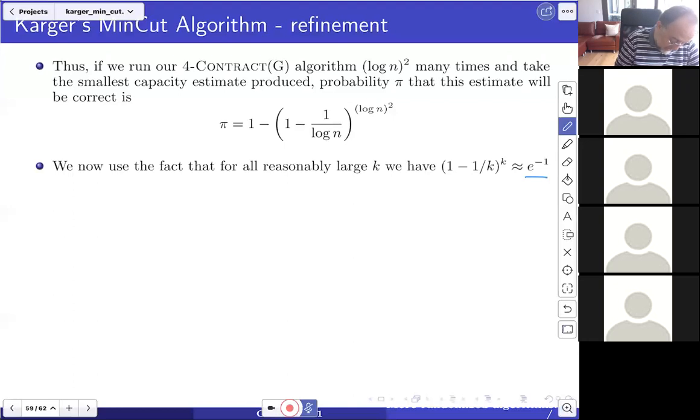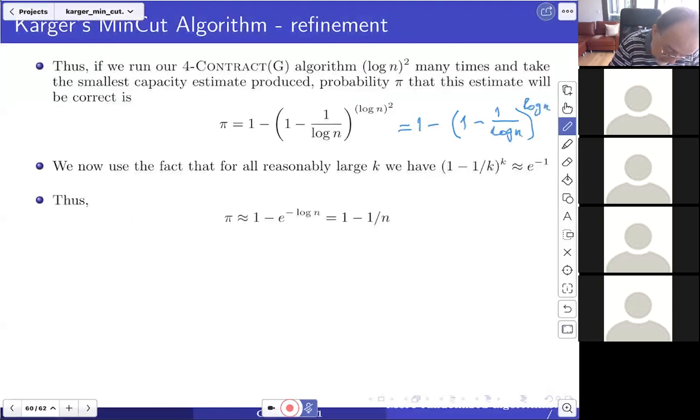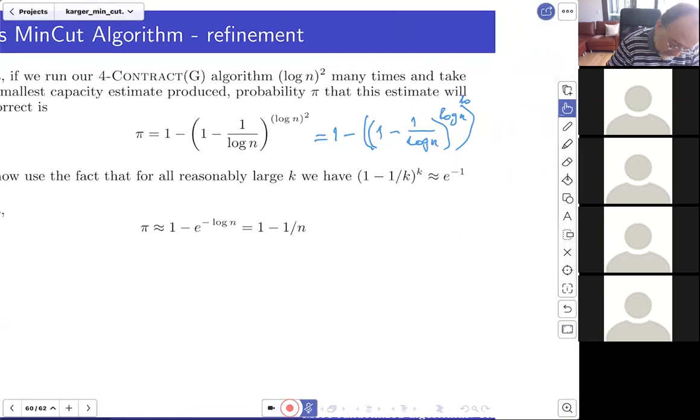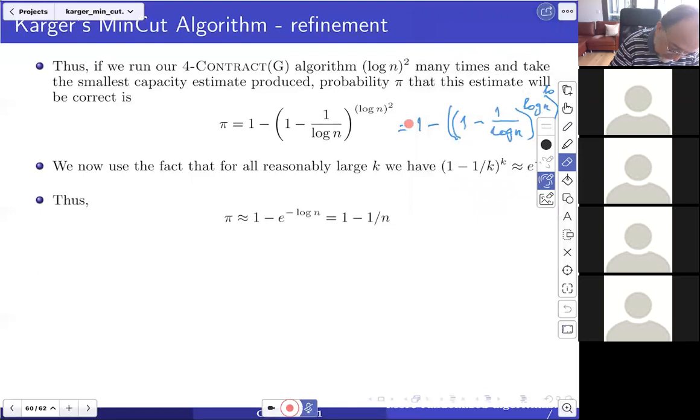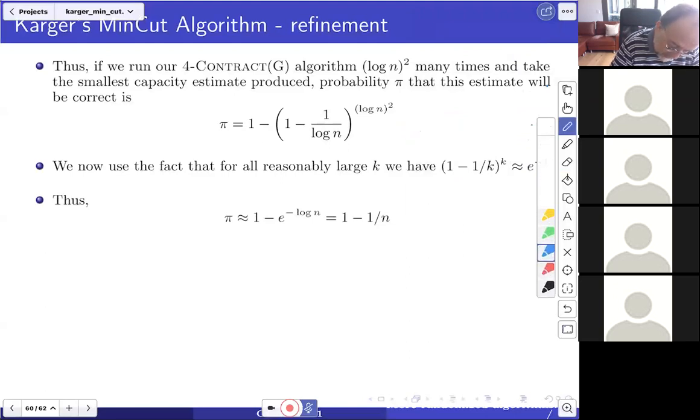And lo and behold, you can write this as 1 minus 1 over log n to the power log n, and then the whole thing to the power log n. Let me be a little more economical.